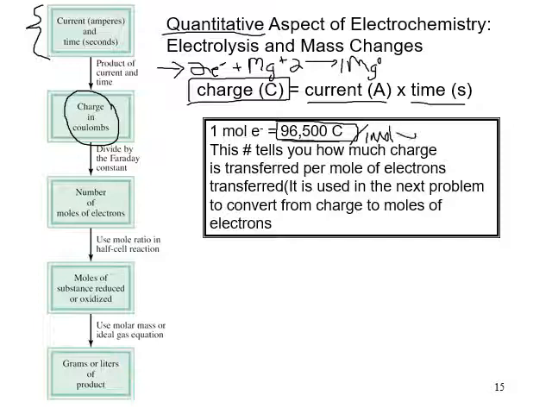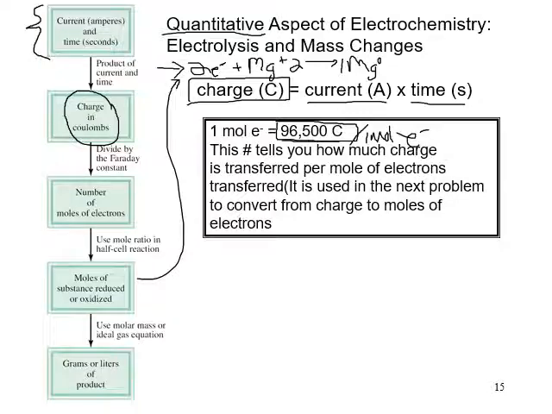So it's like a conversion factor to convert between charge and number of electrons. Then I can use the mole ratio like I was talking about up here. For every 1 mole of magnesium, 2 moles of electrons need to be transferred. I can use that to determine how many moles of magnesium should show up at that electrode, actual metallic magnesium.